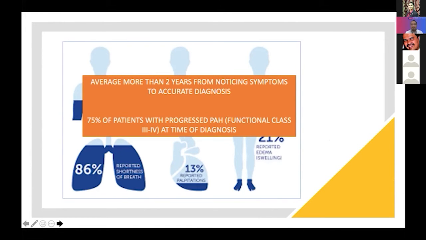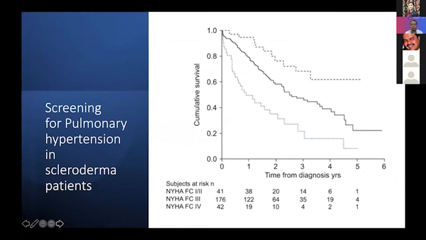So it translates to a worse prognosis, as shown in this registry in the European team of pulmonary hypertension. You know that if you have a functional class of 3 to 4, you can see the trajectory of the graph shows that you have poorer prognosis.